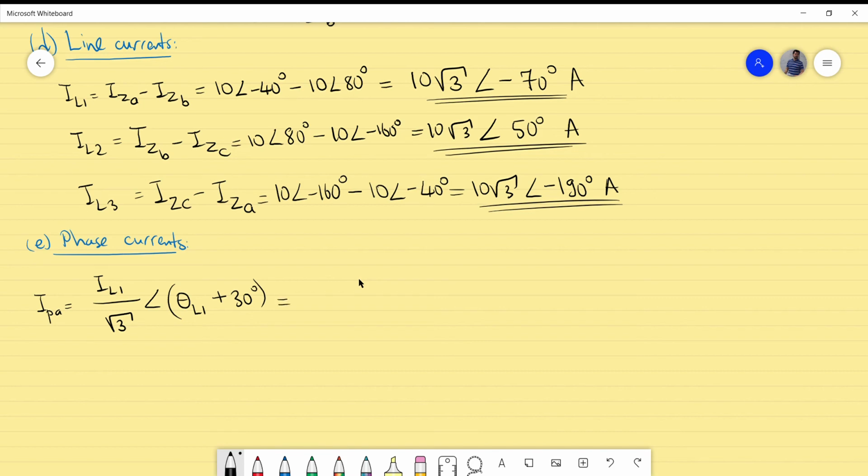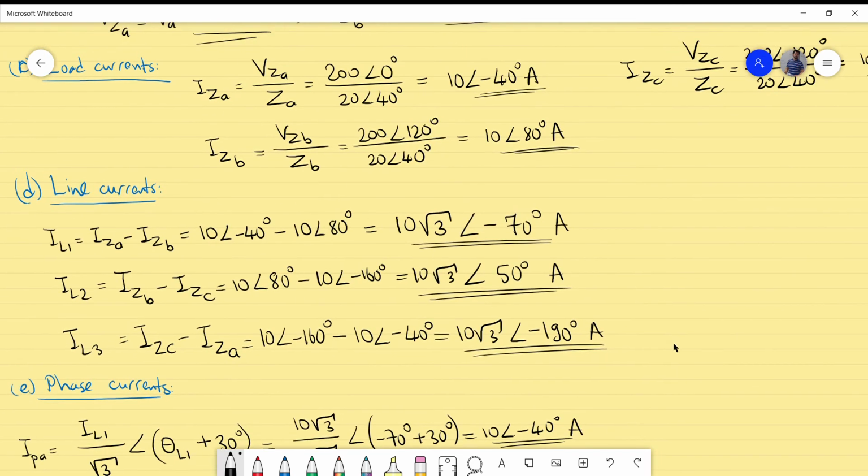So you will have the following. That is 10 square root of 3 divided by square root of 3. And the phase will be minus 70 plus 30. And you will have 10 phase minus 40 degrees in amperes. And what do you recognize? This is exactly the same expression for the load currents.